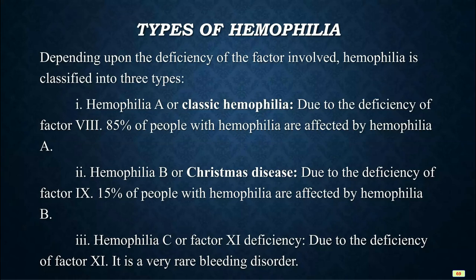Hemophilia A is a deficiency of factor 8, and 80% of the people with hemophilia are affected by hemophilia A. Whereas hemophilia B is also called Christmas disease, due to the deficiency of factor 9, and 15% of the people with hemophilia are affected by hemophilia B. We do not know why it's called that.